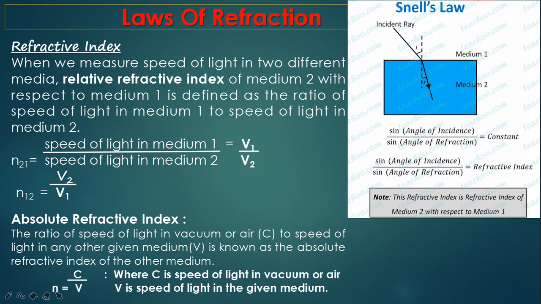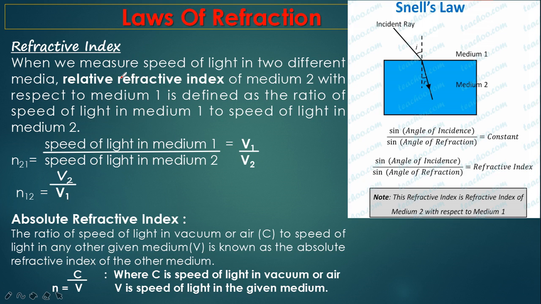Now, we know that we can find this refractive index if we are given the angle of incidence and the angle of refraction. But what if we are given the velocity or the speed of light in the two media? We know that during the process of refraction, there is change in the direction of light as well as change in the speed of light. So we can find out the refractive index with the help of the ratio of speed in the two media also.